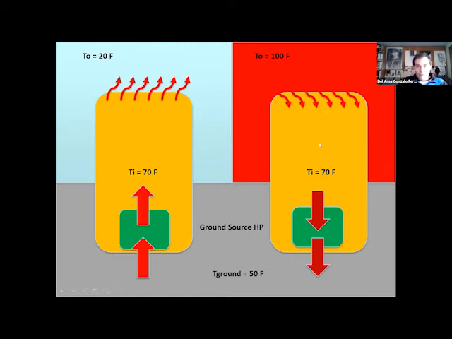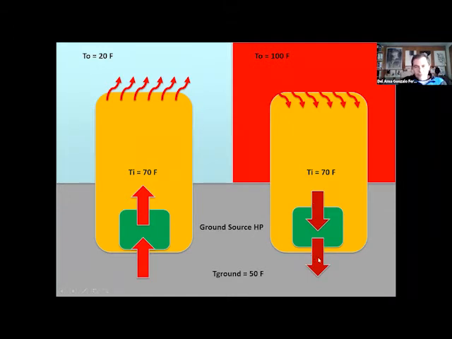And in summer, it's even better because we are releasing energy to something that is colder than inside. The outdoor air is hotter than the indoor air, but the ground temperature is lower than the indoor temperature. So this is almost natural.